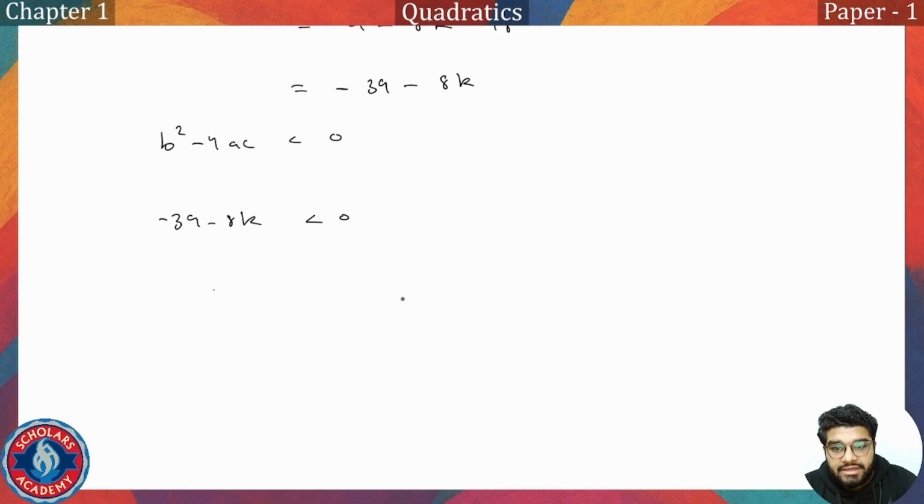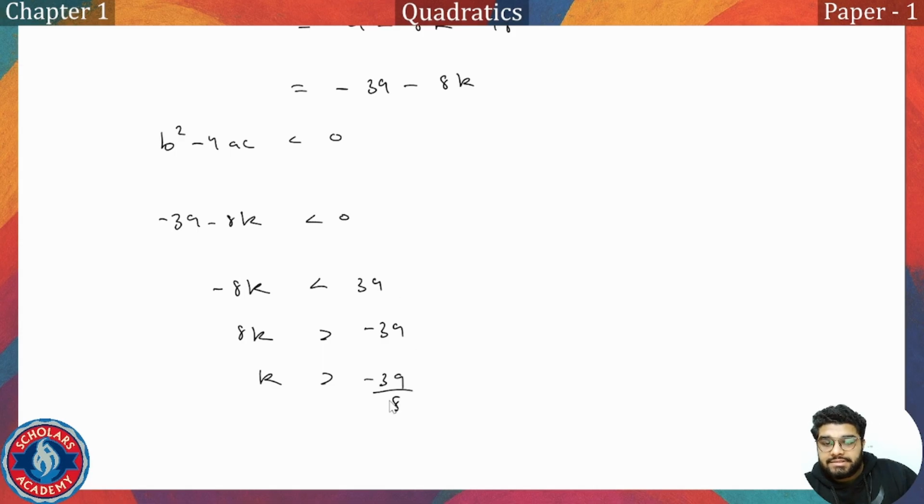So from here what we get is negative 8k is less than 39. 8k is greater than negative 39. K is greater than negative 39 by 8. So this is our result for k. So for all the values of k which is greater than negative 39 by 8, we get the value of discriminant less than 0. It means we have no real root.